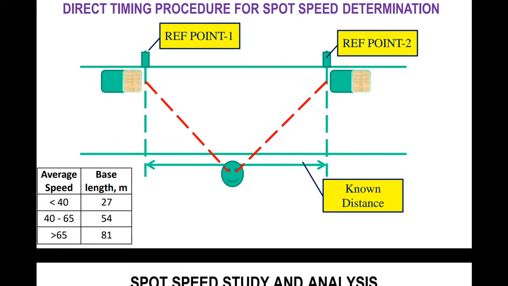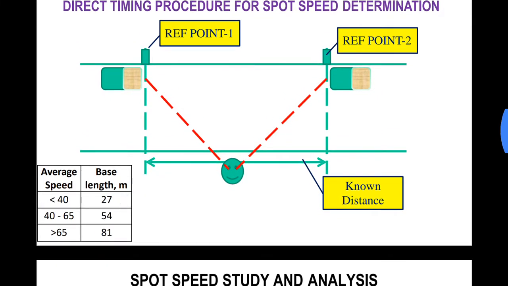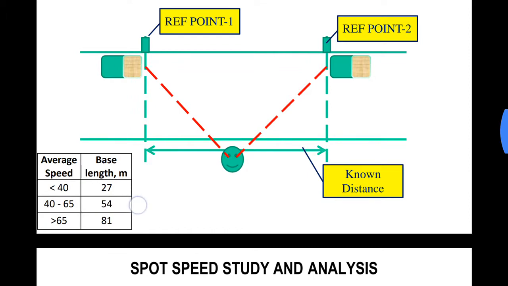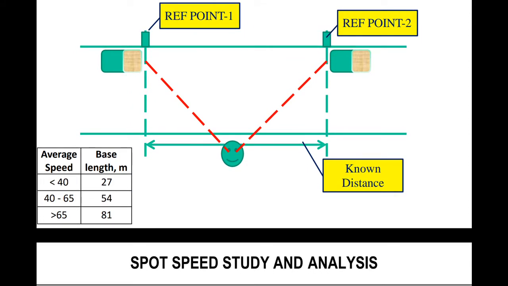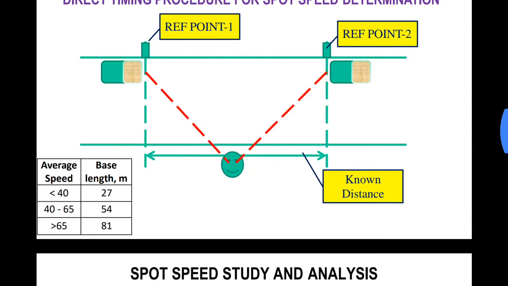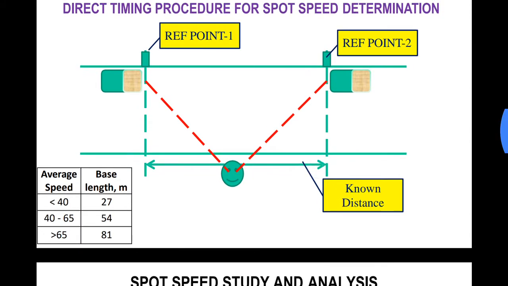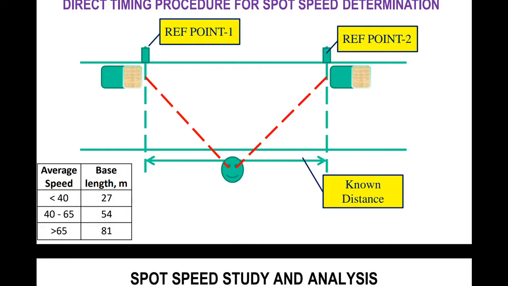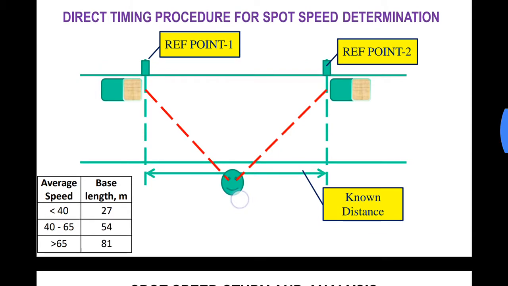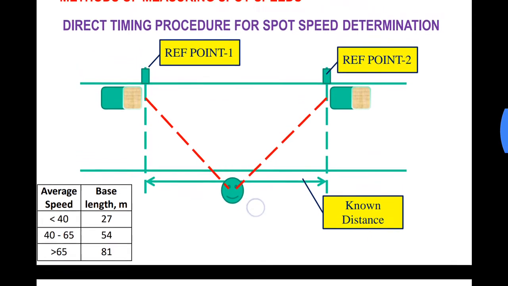If the average speed is less than 40 kmph, then this base length could be 27 meters. For 40 to 65 kmph it can be 54 meters, and for greater than 65 kmph, this should be 81 meters.